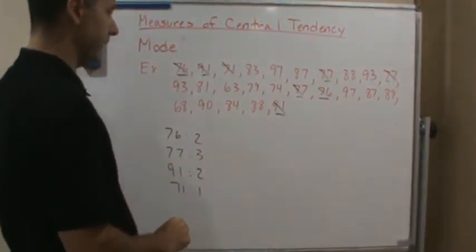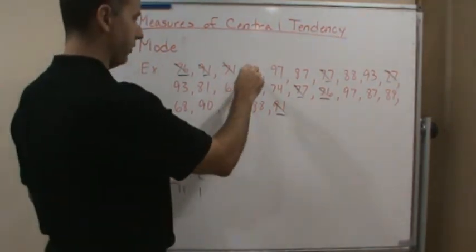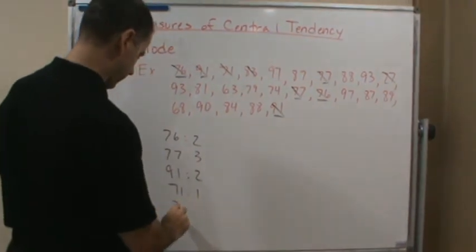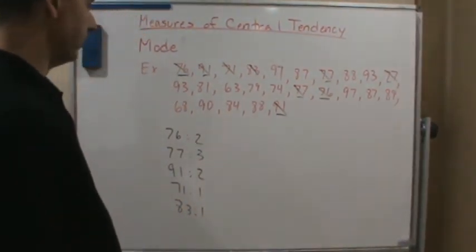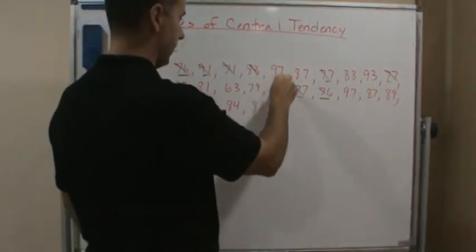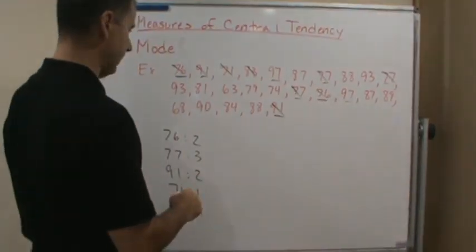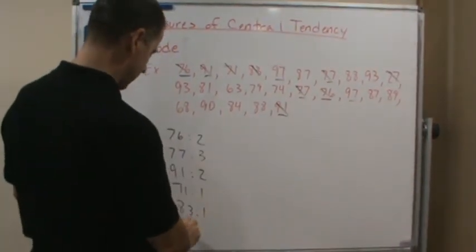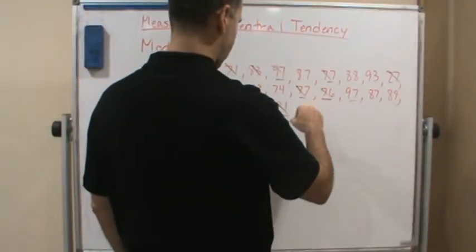And then 83, how many 83s do we have? It looks like we only have 1, 83. And then 97, we have 2, right? We have 97 here, 97 there, and that's it. So 97 is going to be 2, so we'll cross those off.